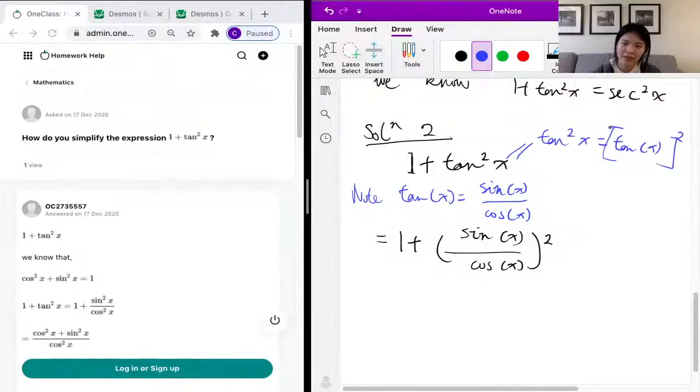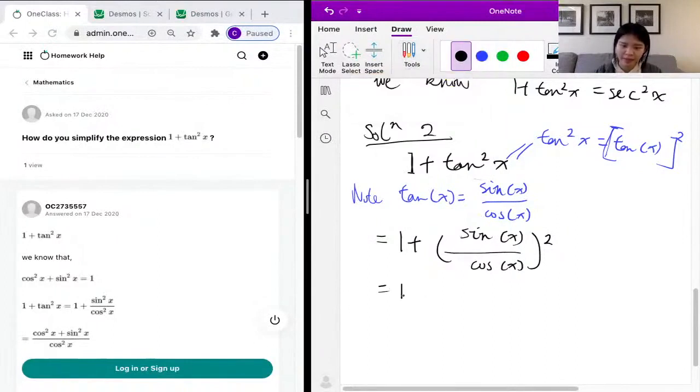But you see how writing tan of x squared like this is a lot of effort and has a lot of brackets, and it's not as clean as just writing tan squared x. So that's why people use this notation, but it basically means the same thing.